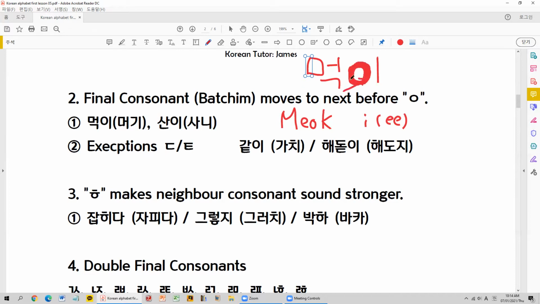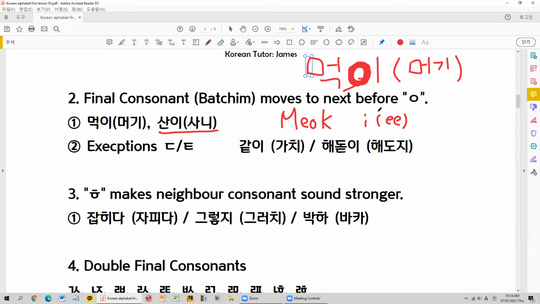So this circle is replaced by the previous final consonant. So you have to read Moki. Instead of Mok E, you have to read 먹이, 먹이. So when you see a circle, you have to replace the circle with the previous final consonant.